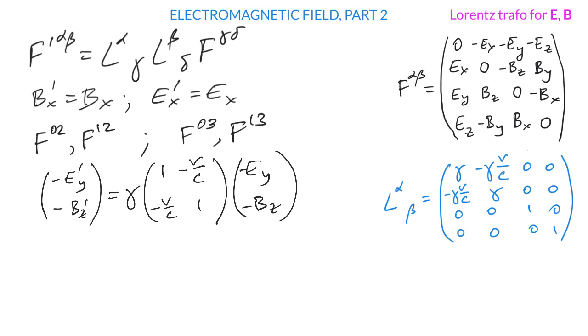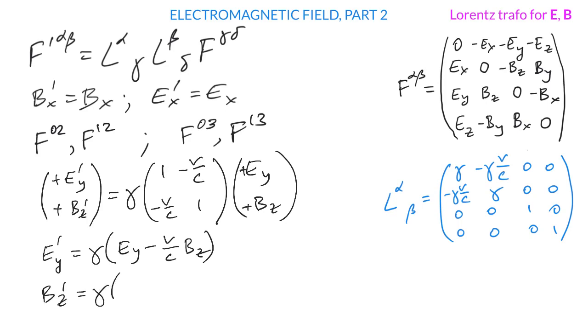Now there are minus signs everywhere, so we can drop them, and this will give us Ey prime equals gamma Ey minus V over C Bz, and Bz prime equals gamma Bz minus V over C Ey.